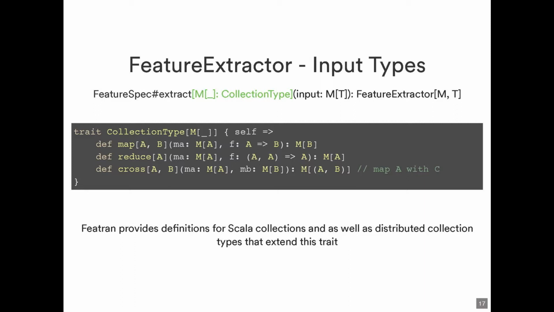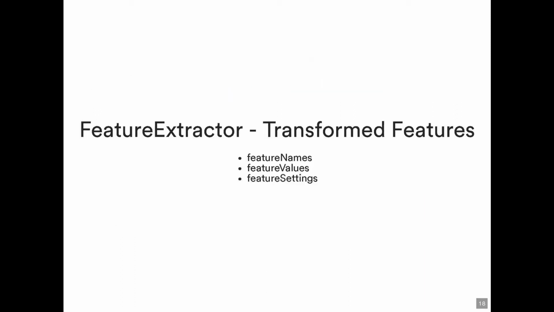So here's the trait collection type, and basically if your collection is something that's included in Featran and it provides these methods, then you can pass that collection type as an input into Featran. So things that you get out of the box with Featran include Scala collections, as well as several distributed collections such as Spark's RDD. Cool.